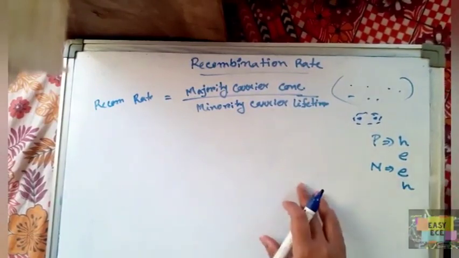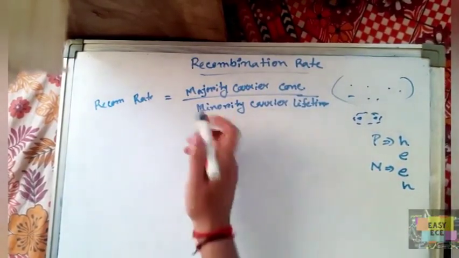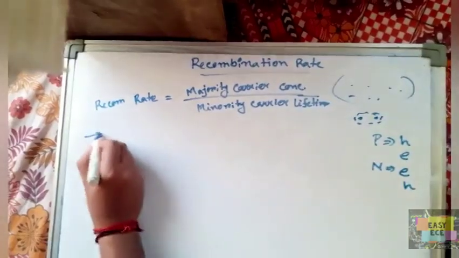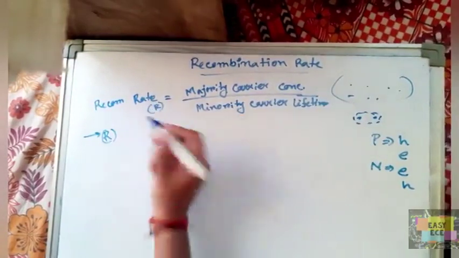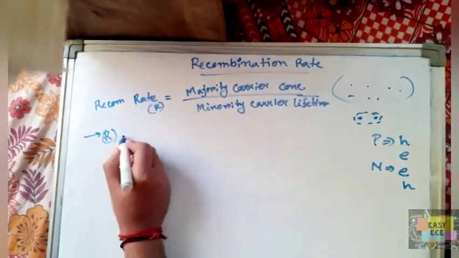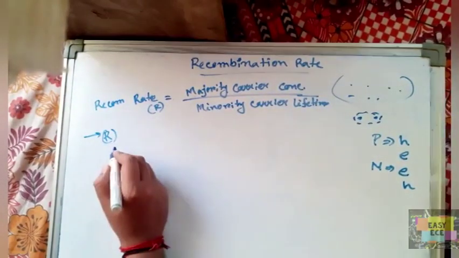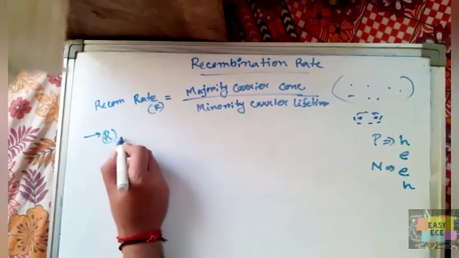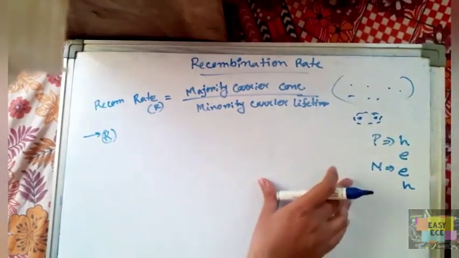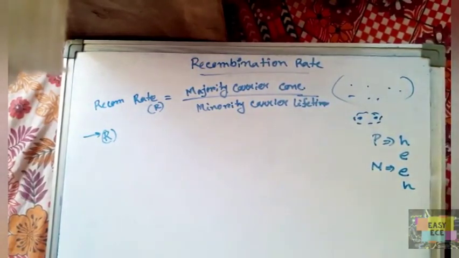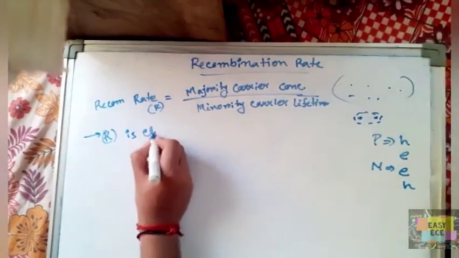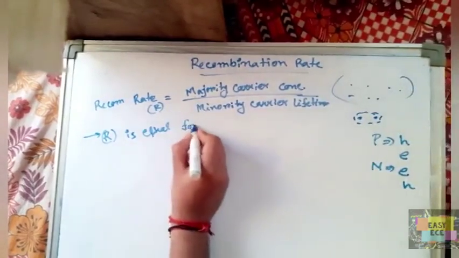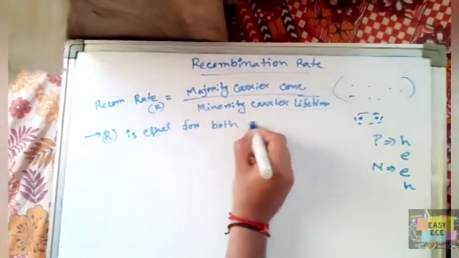Now the recombination rate we denote as R. The rate is equal for holes and electrons, for p-type semiconductor or n-type semiconductor. So the recombination rate is equal for both electron and hole.